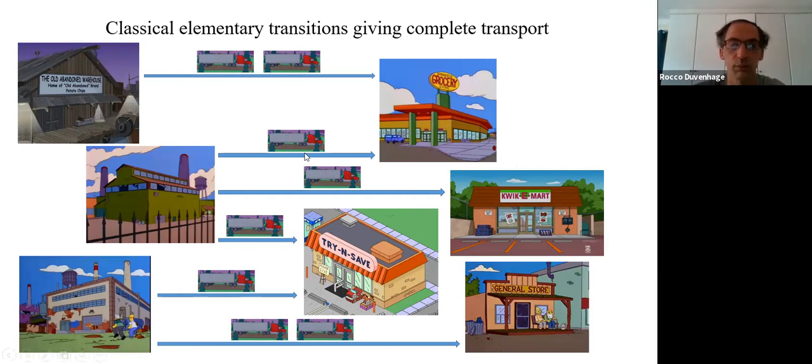You need multiple elementary transitions in the classical case to perform the complete transport. You cannot just use one elementary transition and be finished. To move all the goods from all the warehouses to all the shops, you need multiple elementary transitions, some of which could in principle be very expensive and therefore raise the total cost.